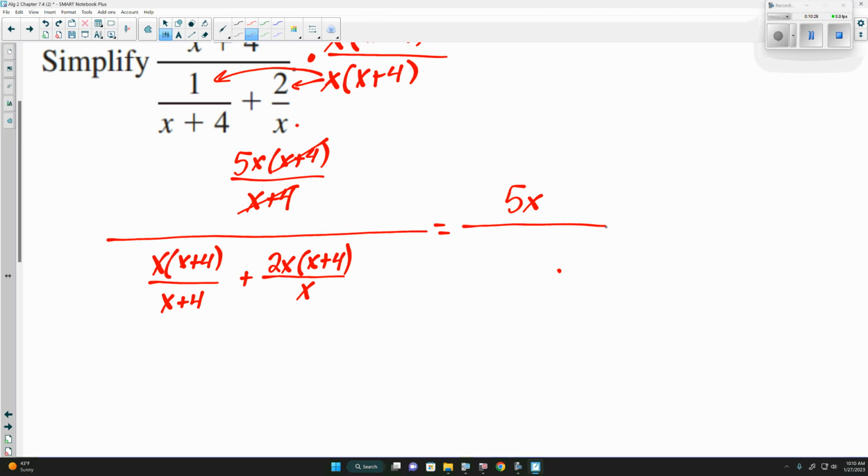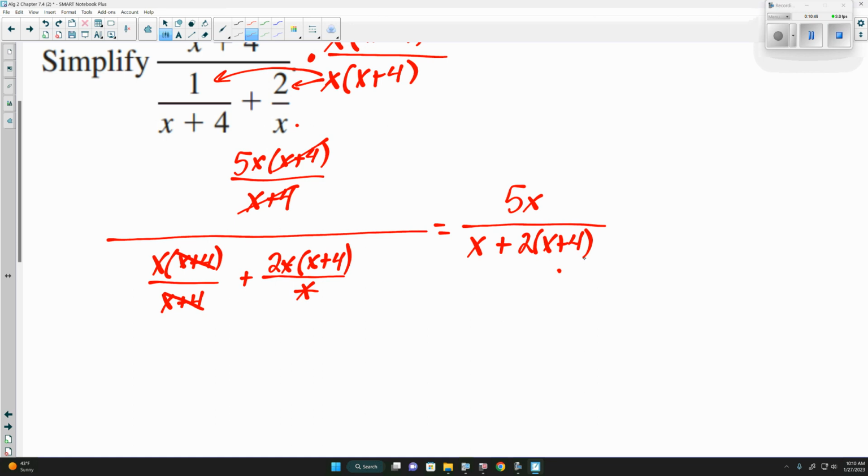In the denominator, the x plus 4 and x plus 4 will cancel, leaving us with x for that first one. Plus, here, the x and x will cancel, leaving us with 2 times x plus 4, yes? Questions on this so far?